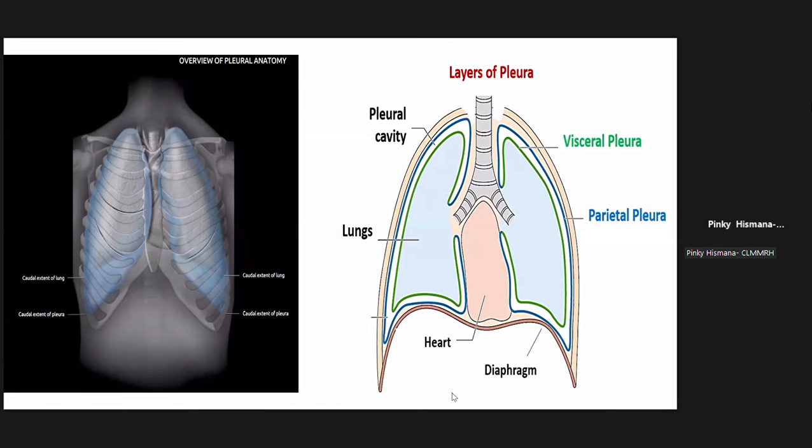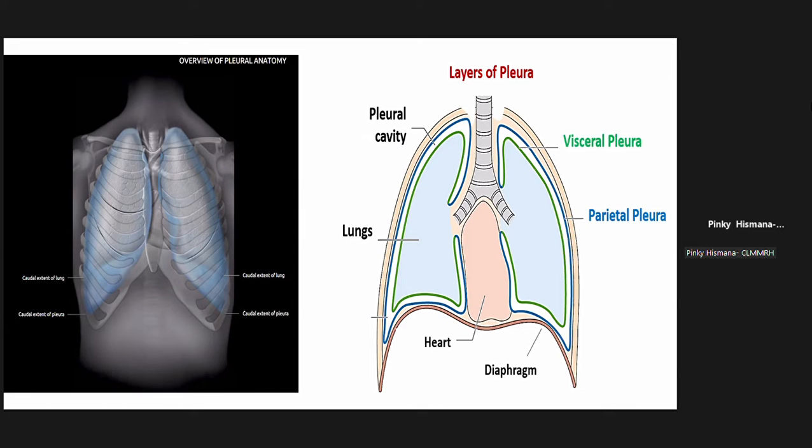The layer that directly envelopes our lung parenchyma we call the visceral pleura. Our pleura is in fact made up of two sheets. We have the inner one which wraps the parenchyma and we call it visceral pleura. Then there's a potential space between that visceral pleura and the outer layer of your pleura, which is the parietal pleura.